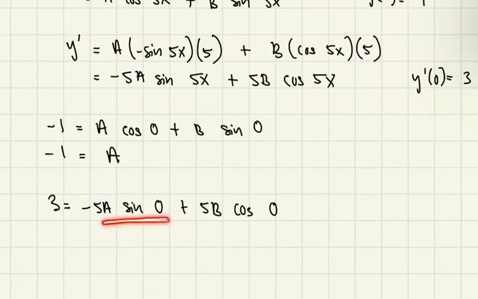Sine 0 is 0. Cos 0 is 1. So we have 3 equal to 5b, hence b equal to 3 over 5.